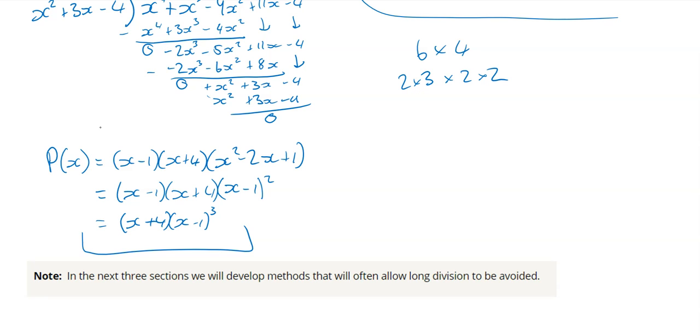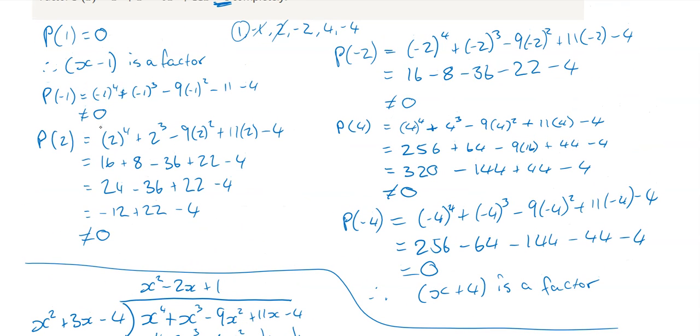Okay, we done? Any questions about that? It's just a different approach, and frankly, when you're doing it with a calculator, it's a much quicker approach. Like I said, you don't need to show all of this working for every one of them.